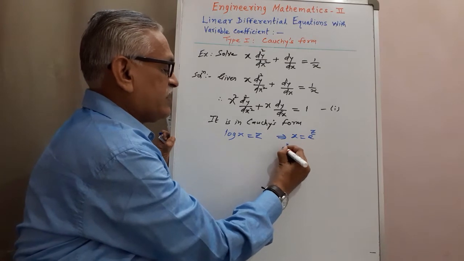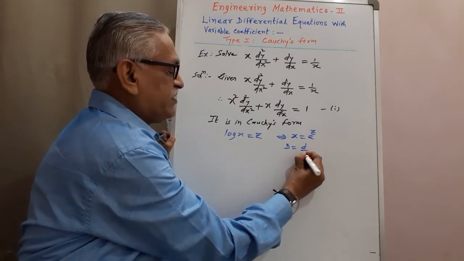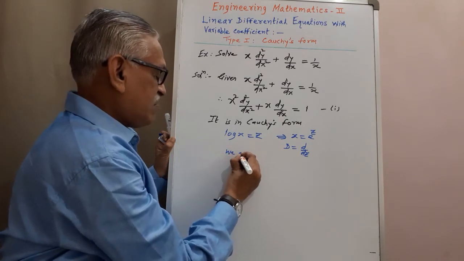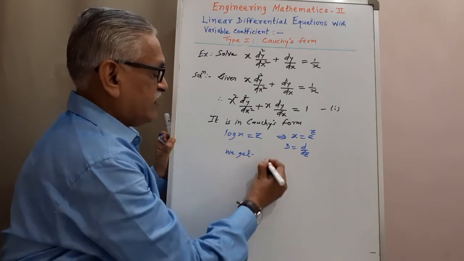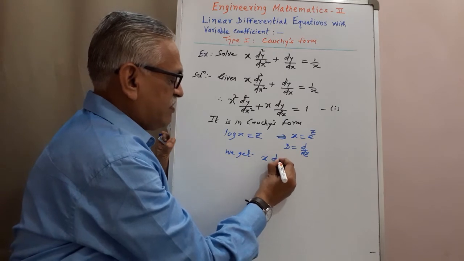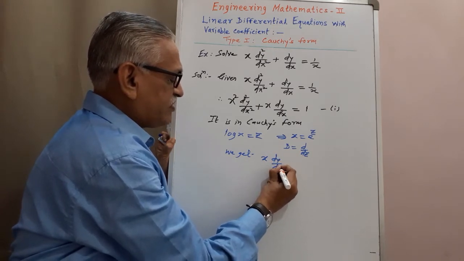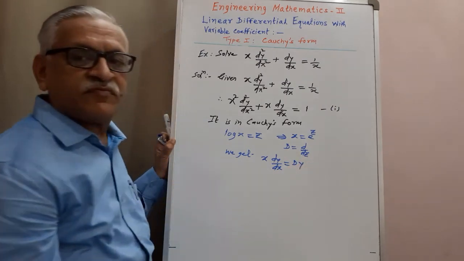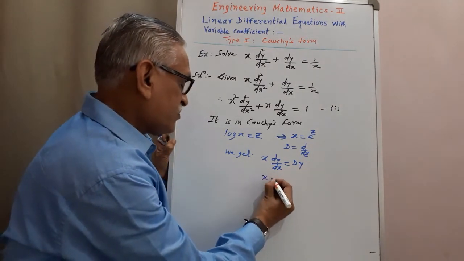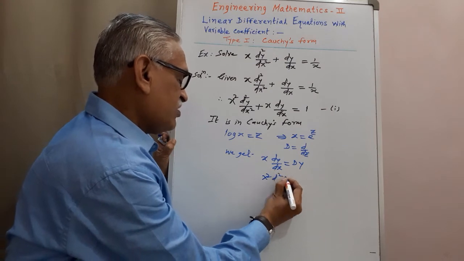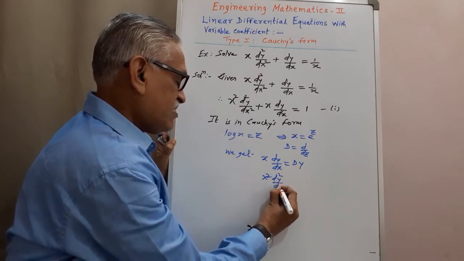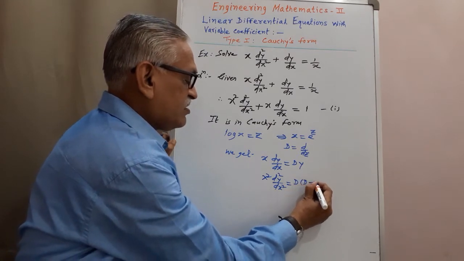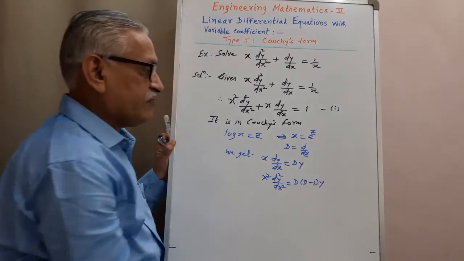Then using capital D for the operator d by dz, we have x dy by dx, the value of x dy by dx is always capital D operated on y, and x square d2y by dx square as D minus 1 into y.